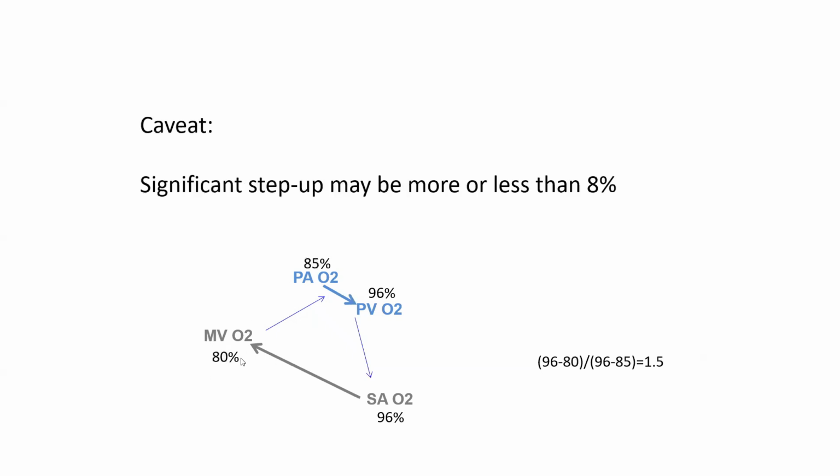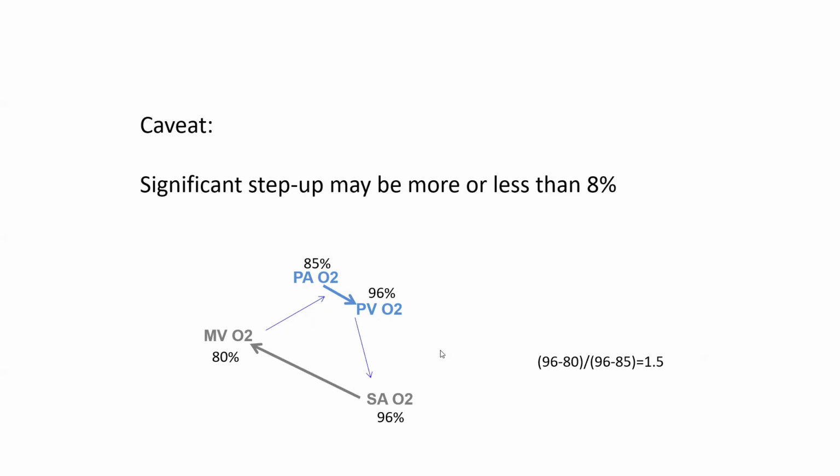If you have somebody with a mixed venous O2 of 80% and he has a step up of 5% into the PA, well, do the math here. 96 minus 80 divided by 96 minus 85, it amounts to 1.5. So this patient only has a 5% step up, yet his QP-QS translates into significant QP-QS. So 5% was a significant step up in him.